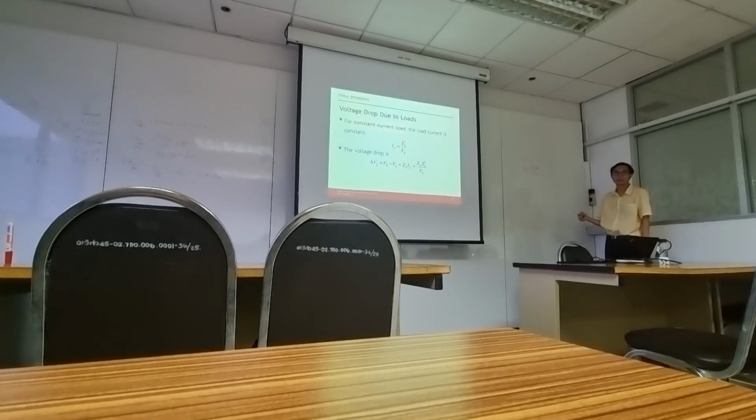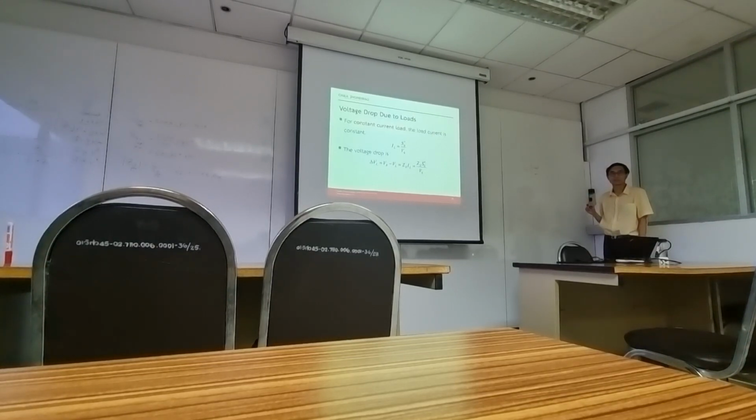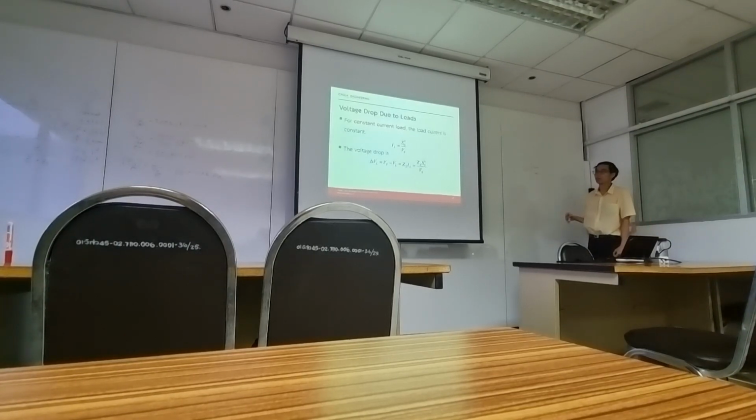But this time, the current is constant, so it means P will vary with V, and also Q will vary with V to the power of 1, right? That's how we talk about this. Okay, P and Q can vary if the voltage changes, but the current IL is still constant.